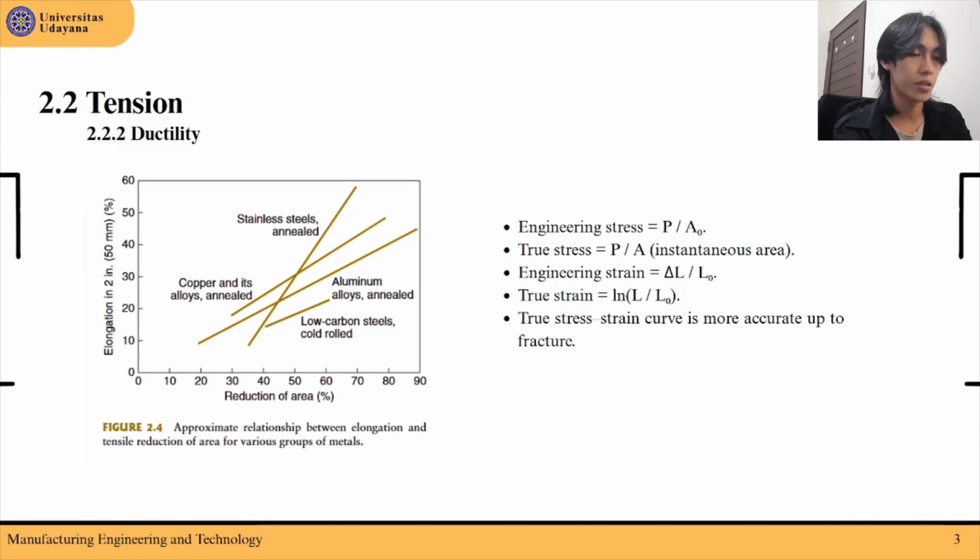This relationship is more representative. Okay, you can see the engineering stress like P by A, and true stress, engineering strain, true strain. The true stress strain curve is more accurate up to fracture.